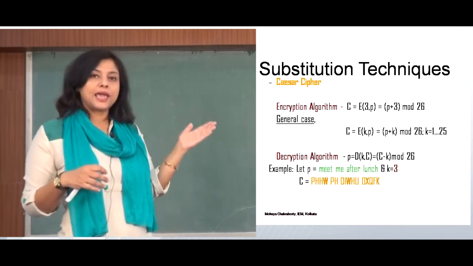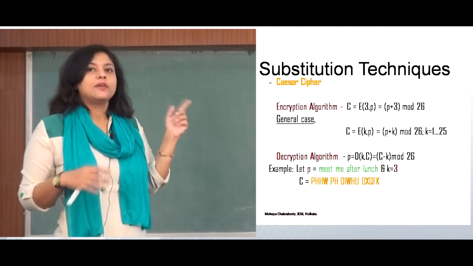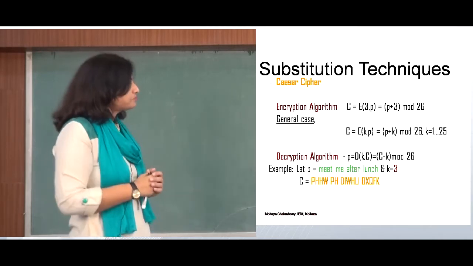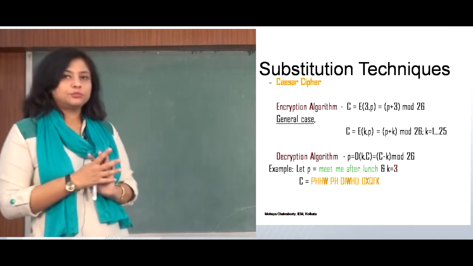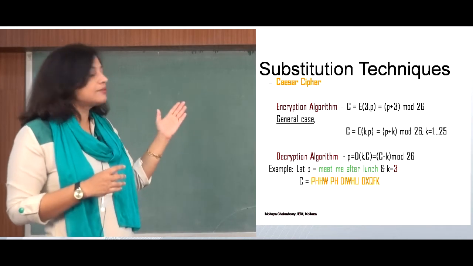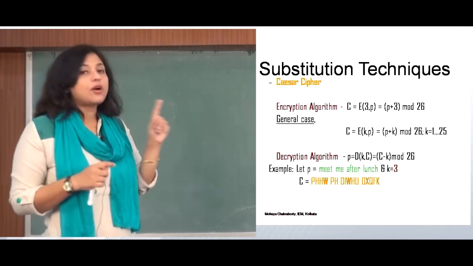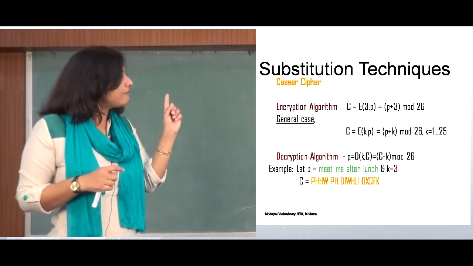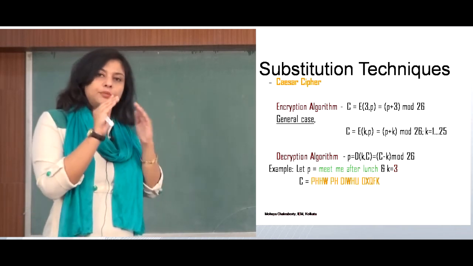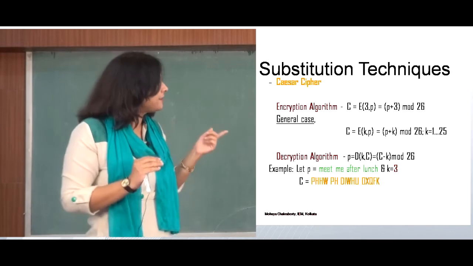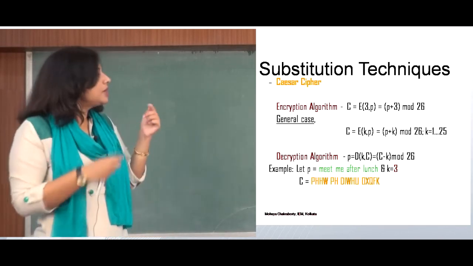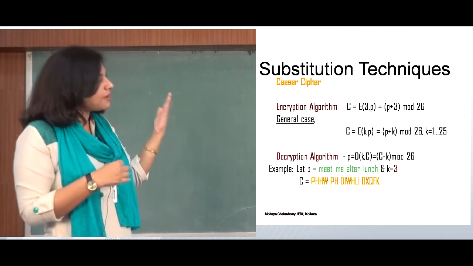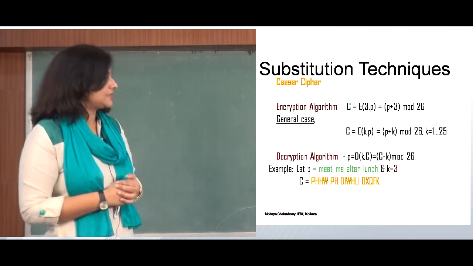So (P + K) mod 26, where K ranges from 1 to 25. The decryption algorithm can be written as P equals D of K comma C. Whatever value you used for K, you have to subtract that number from the ciphertext. So, (C minus K) mod 26.